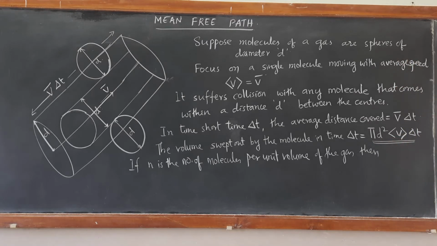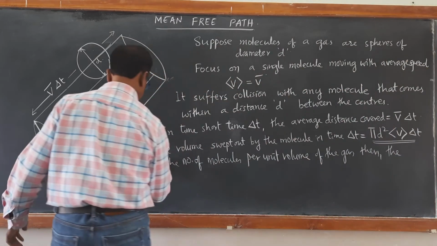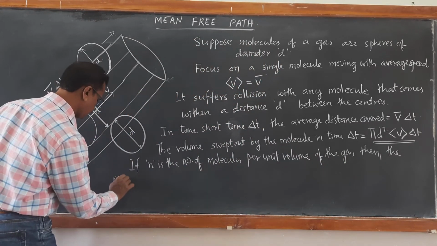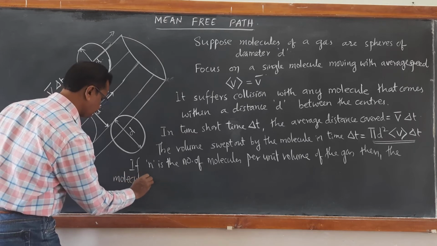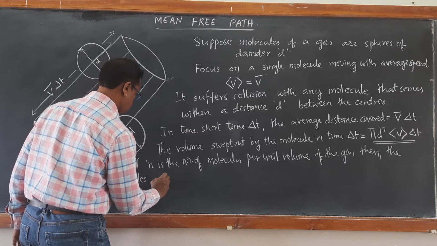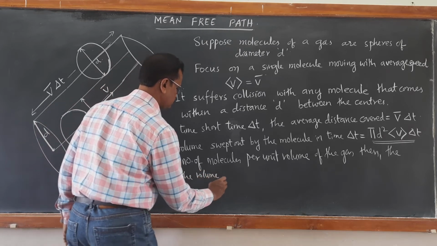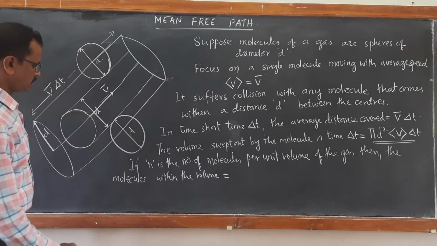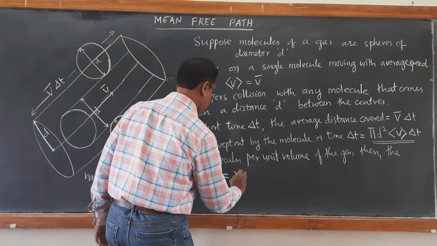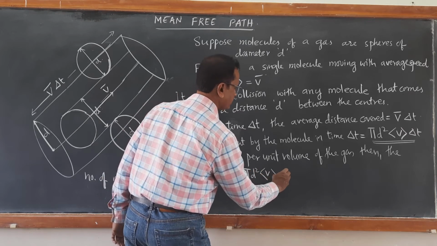The number of molecules within the volume becomes n pi d square v delta t.